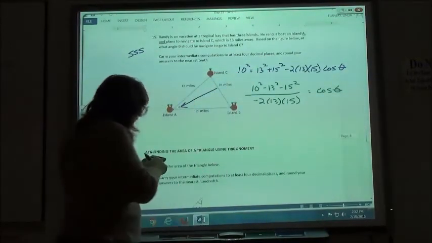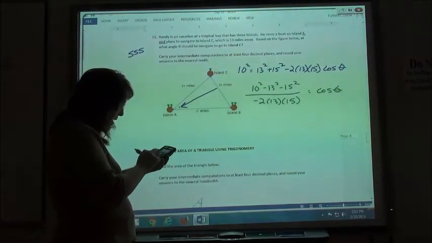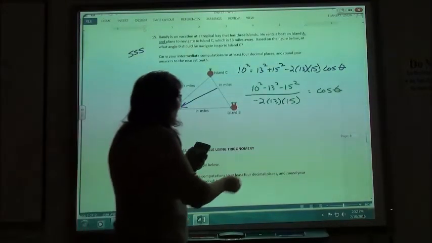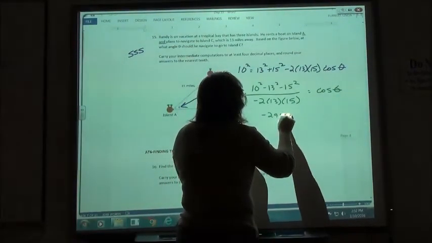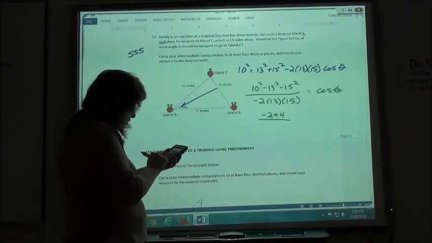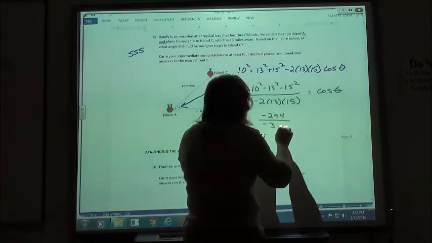So figuring out my top number, 10 squared minus 13 squared minus 15 squared gives me negative 294. On the bottom, negative 2 times 13 times 15 gives me negative 390.